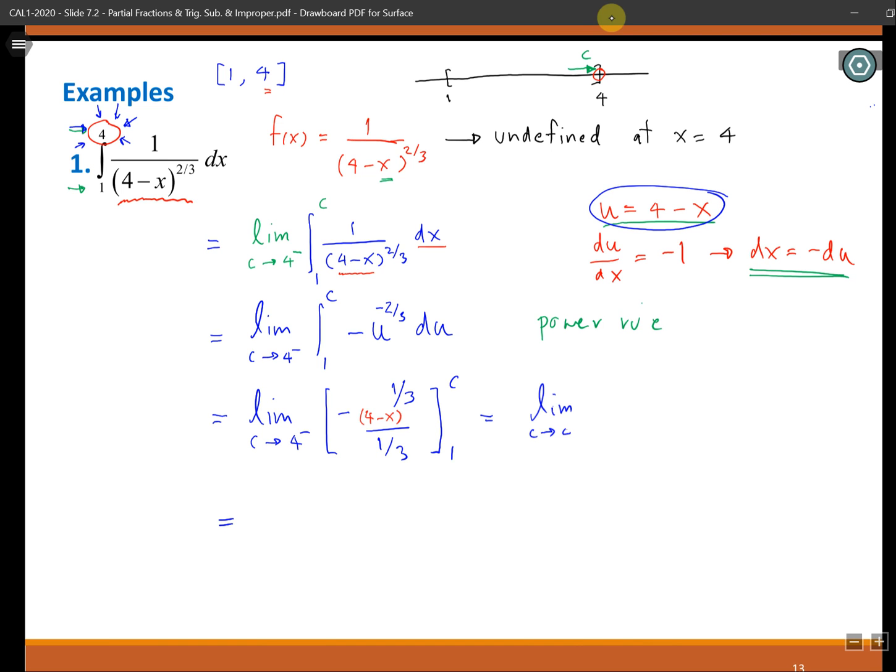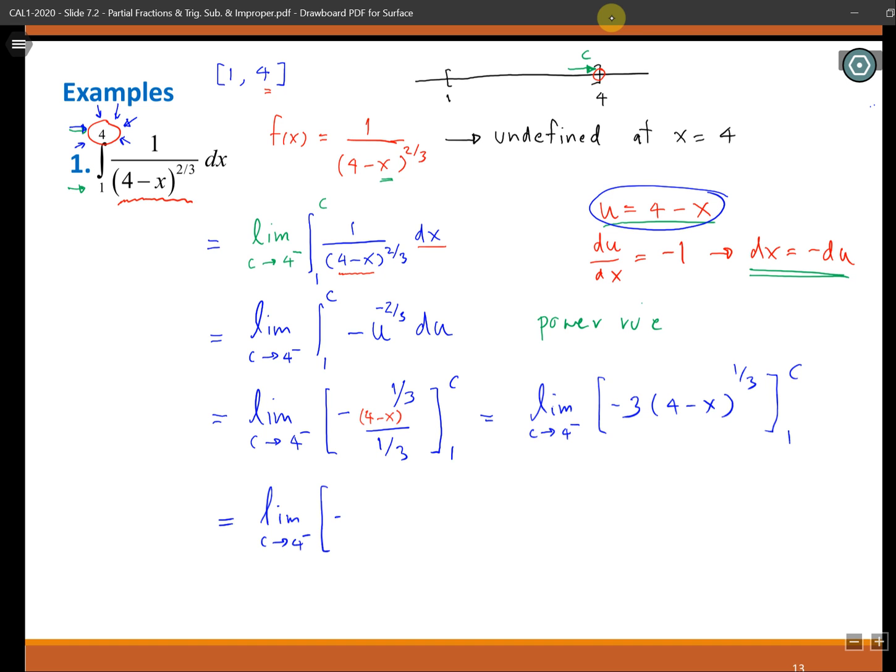The limit of c approaching 4 from the left-hand side, and this 1 over 3 down there is going to flip up here, and 4 minus x to the power of 1 over 3, evaluated from 1 to c. So let's put everything in. We have the limit, c approaching 4.